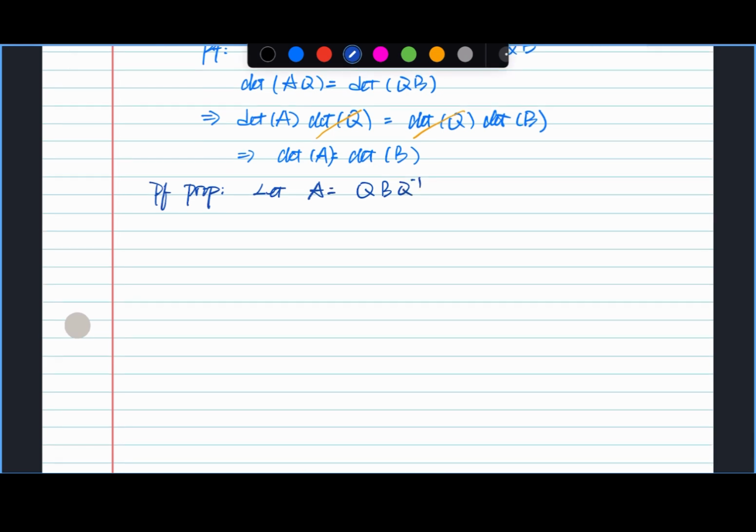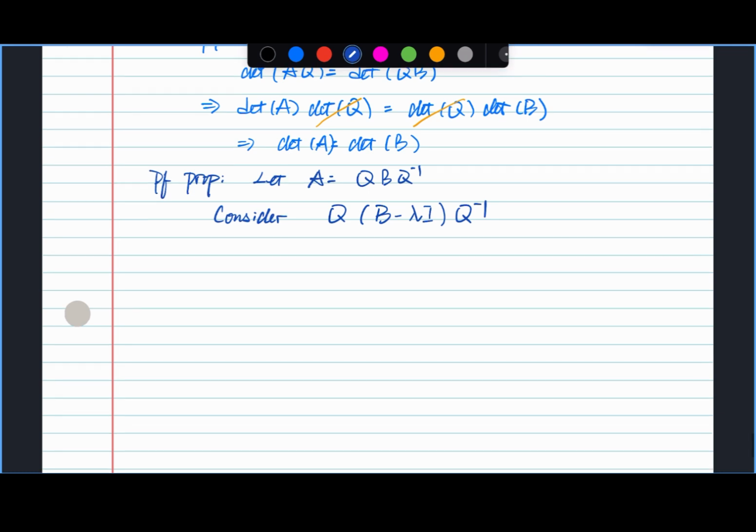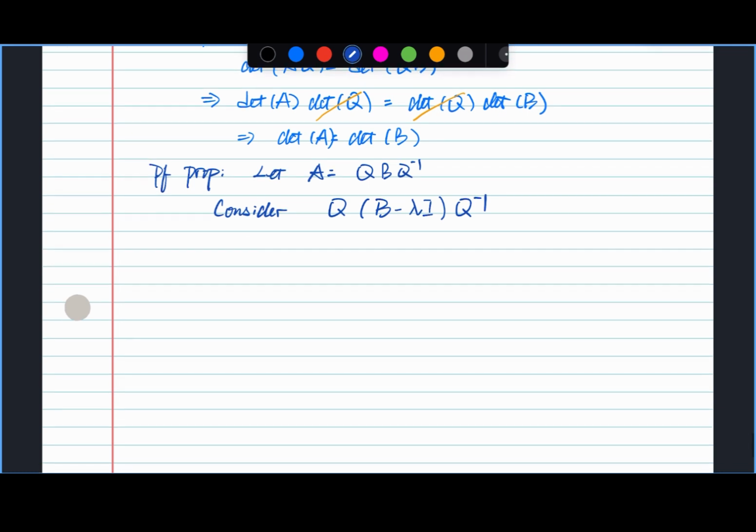And we can consider Q multiplied by B minus lambda I, multiplied by Q inverse.